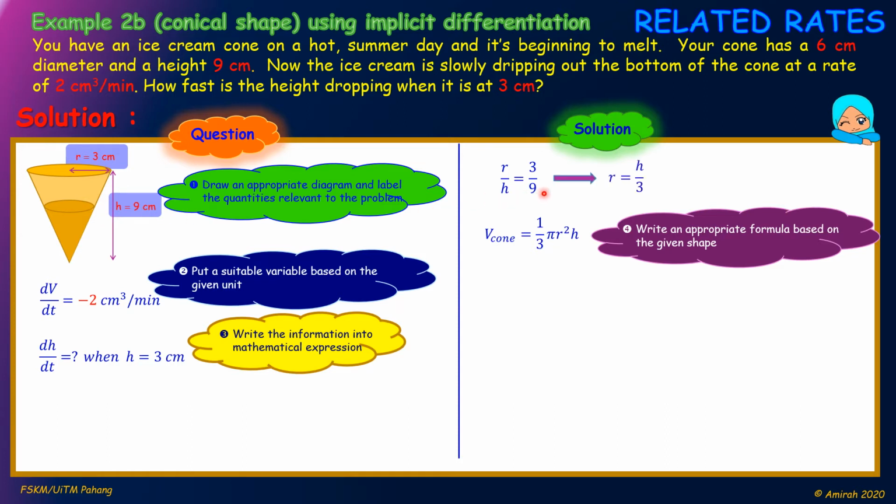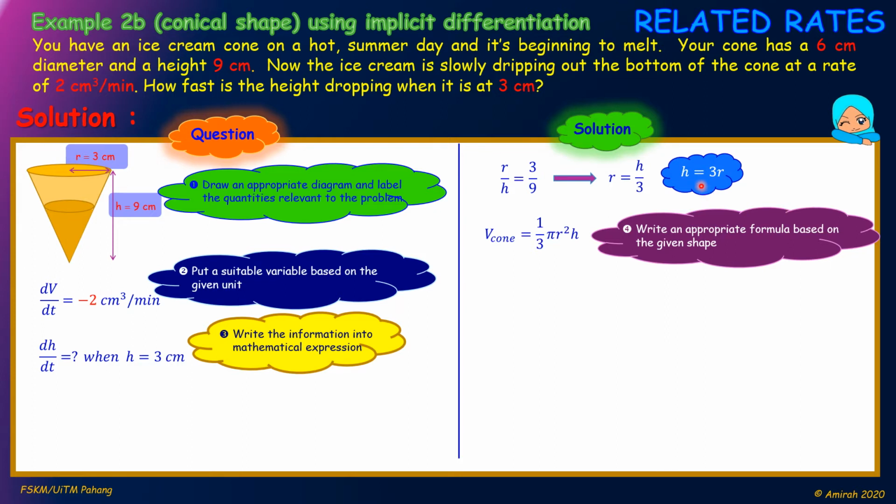Okay, after that, we write r as a subject. So, r equals to h over 3 because we want variable h. Actually, we can write h as a subject. If we write h as a subject, we have h equals to 3r.